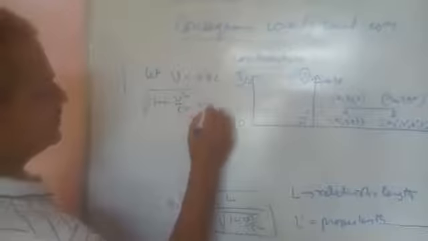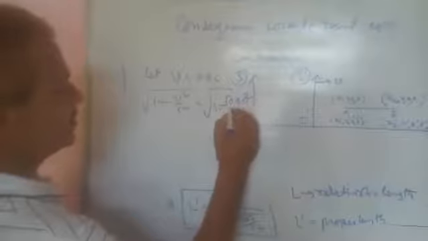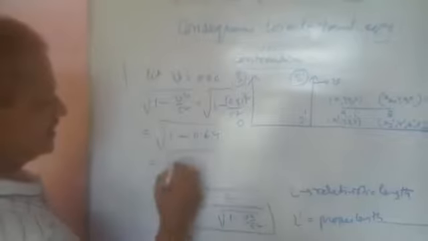Square root of 1 minus V square by C square is equal to square root of 1 minus (0.8 C) square by C square. C square will cancel out, giving 1 minus 0.64, which is 0.36. So this is the square root of 0.36, which is 0.6. Is it clear? This term is 0.6.